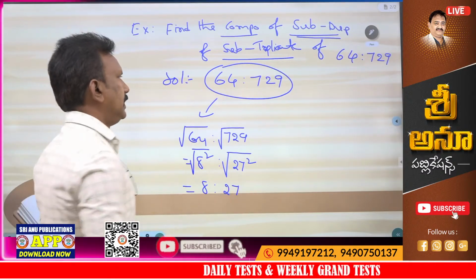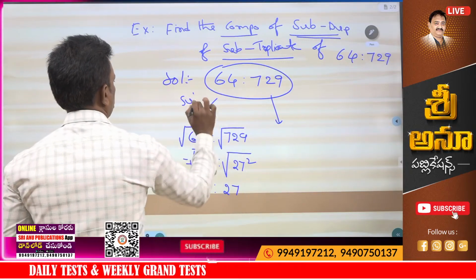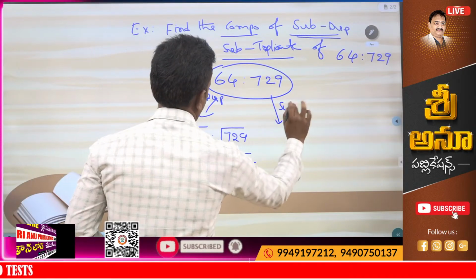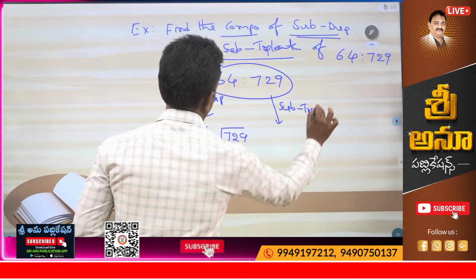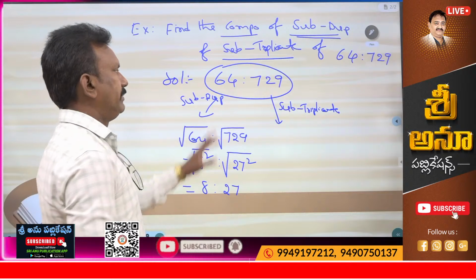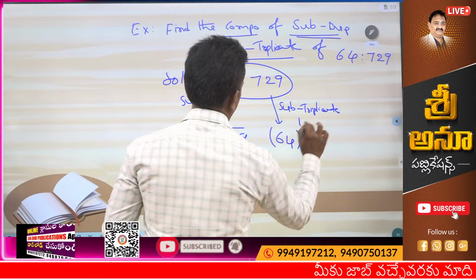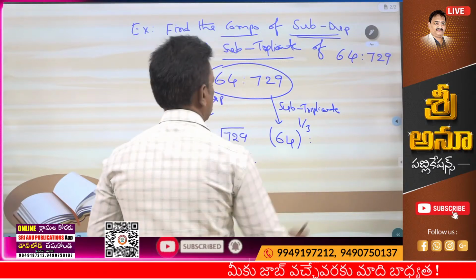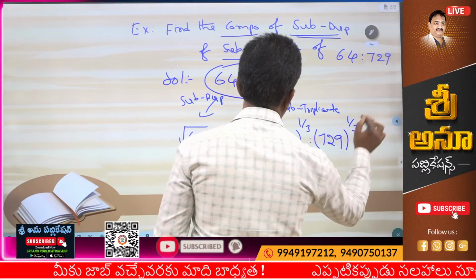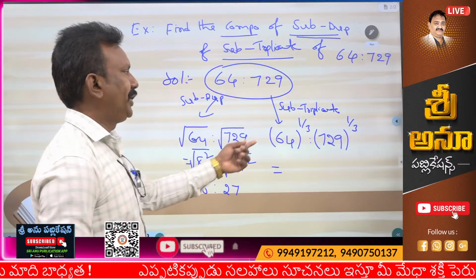Right. Similarly, we are finding the subtriplicate ratio. What is the subtriplicate ratio of the given ratio? Take cube roots: 64 whole power 1 by 3 is to 729 whole power 1 by 3. 64 is clearly a perfect cube number.